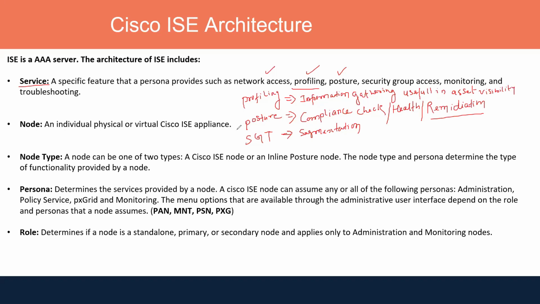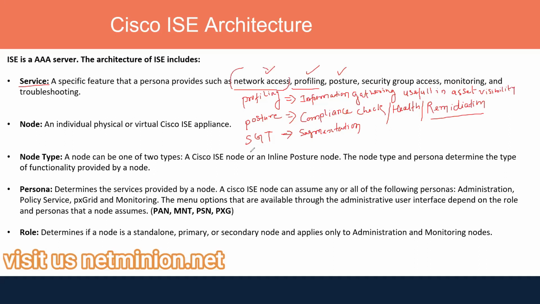And we have another thing as well. For example, we have network access, where we are using RADIUS and we are using TACACS. Okay. If I talk about the major difference between RADIUS and TACACS, from an ISE perspective, these are AAA services.